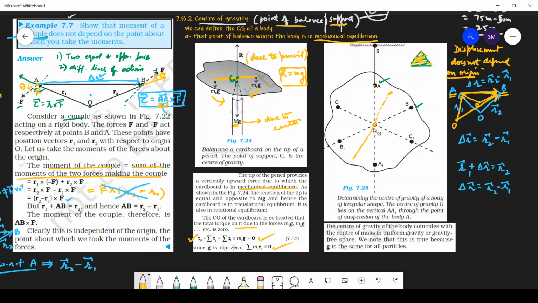So if you hold it at this tip, the body will be in mechanical equilibrium. The center of gravity of the body coincides with the center of mass.